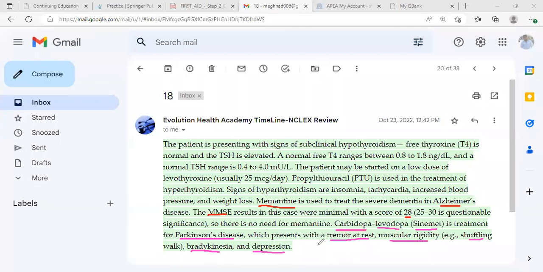We learn a wonderful message from this. If my patient has Parkinson's disease or Parkinsonian syndrome, the patient presents with tremor, and this tremor, even at rest, we call resting tremor, muscle rigidity, and a movement problem called shuffling gait or shuffling walk, slow movement, slow heart rate, bradykinesia, and also depression, right?